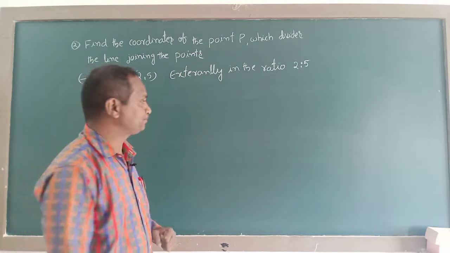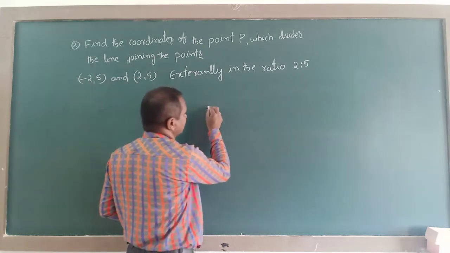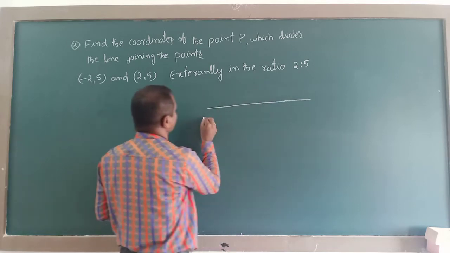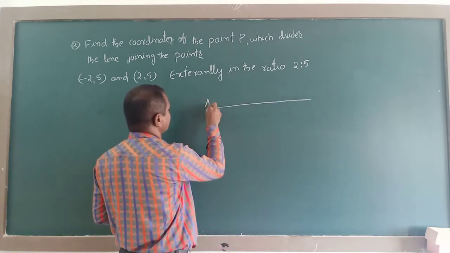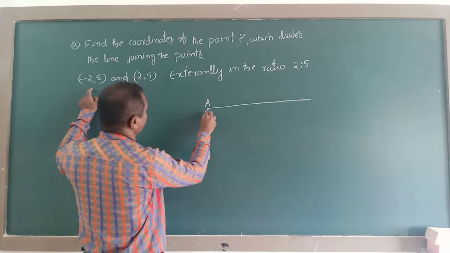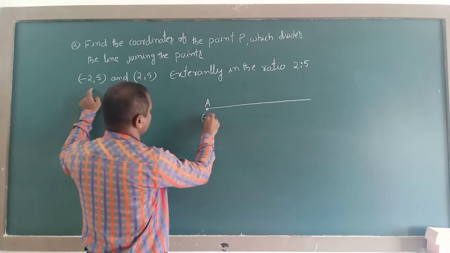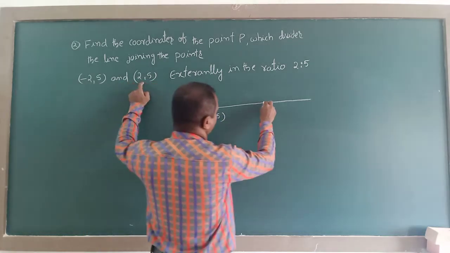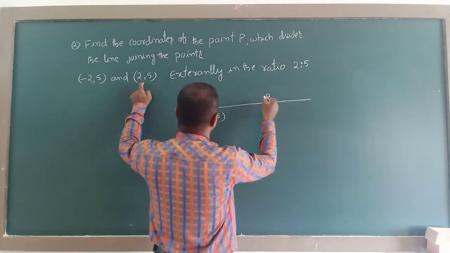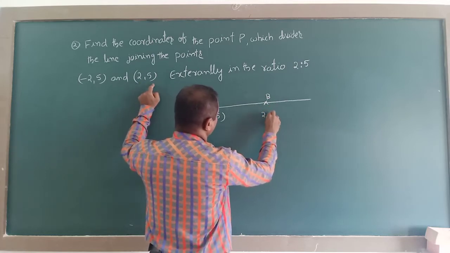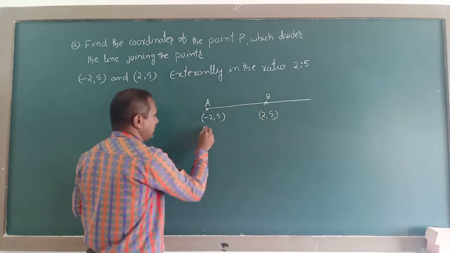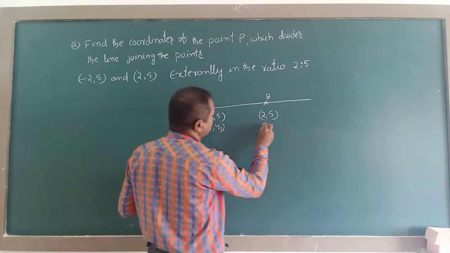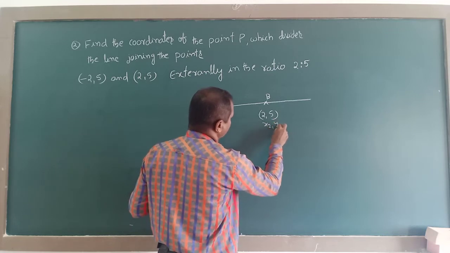in that line. The line segment joins 2 points. A is one point, and the coordinates of A are minus 2, 5, and B is 2, 5. You consider them as x1, y1 and the second one as x2, y2.